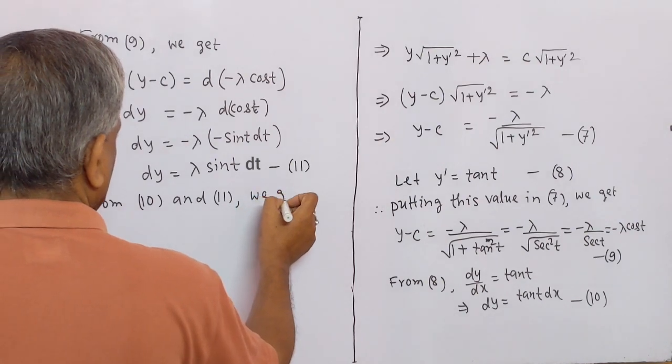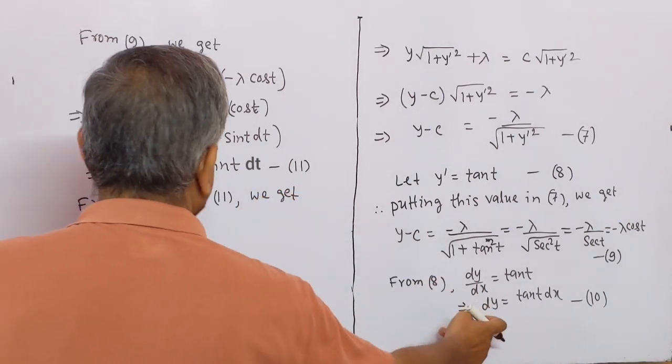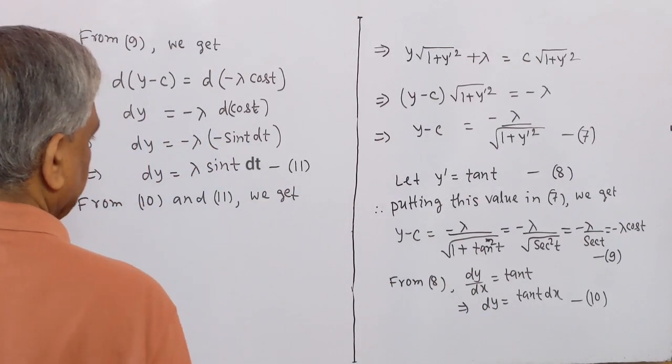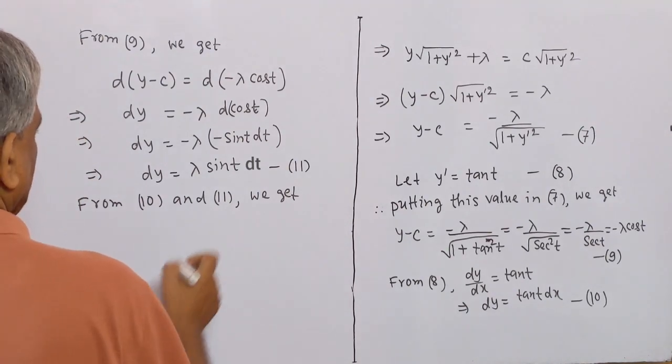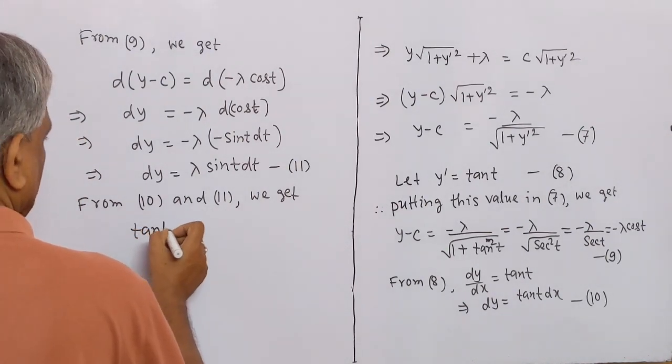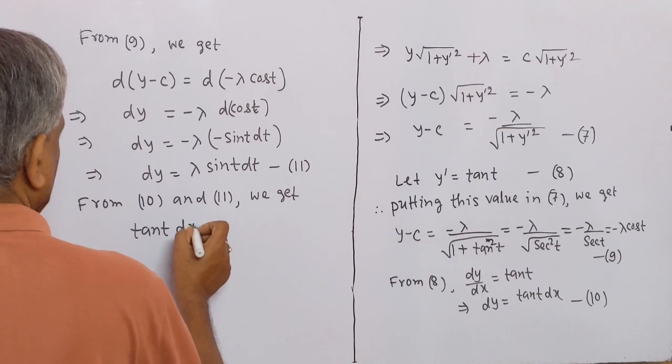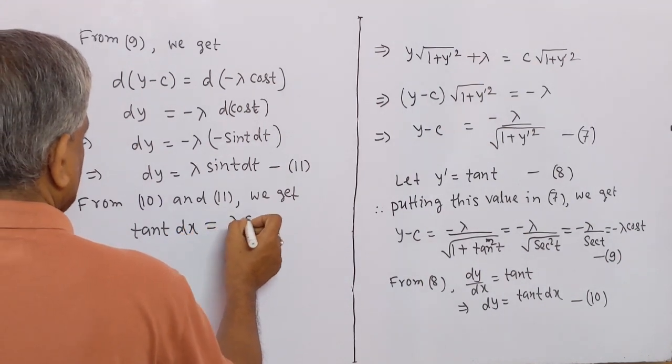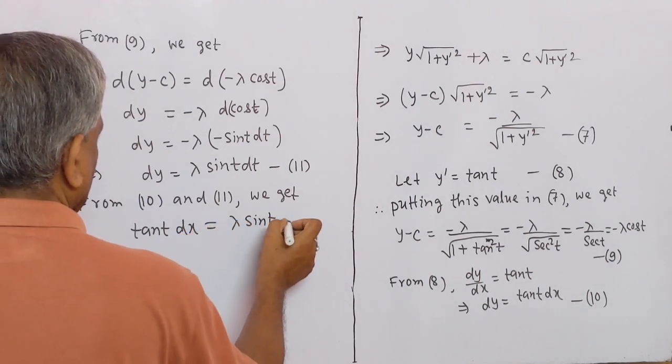From 10 and 11, we get left side equal, therefore right side will be equal. tan t dx equal to lambda sin t dt.